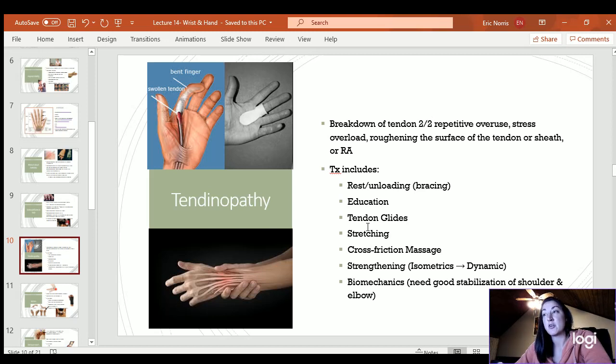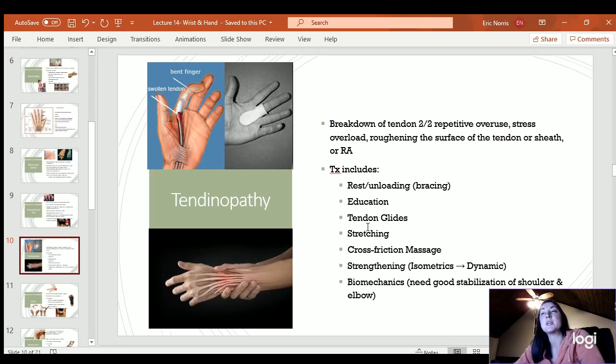It's caused by chronic inflammation. So this type of tendinopathy in the hand could be from repetitive overuse, from stress, from roughening the surface of the tendon, or even from rheumatoid arthritis because there's repetitive stress on there because of the significant inflammation.